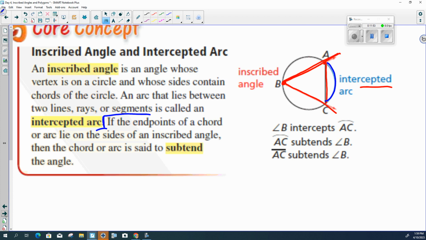So the subtend is just talking about the relationship between this chord and its arc. So this arc subtends the chord and the chord subtends the arc. I don't know why that needs its special word. Okay, I'm going to see where we're at with writing this fun thing down.